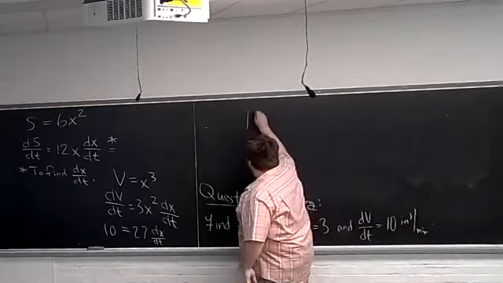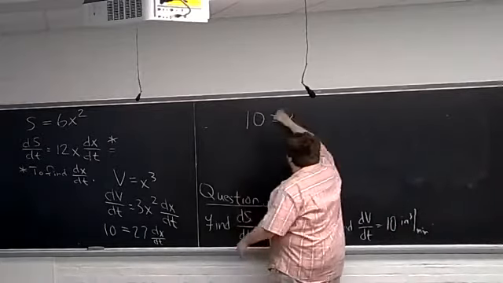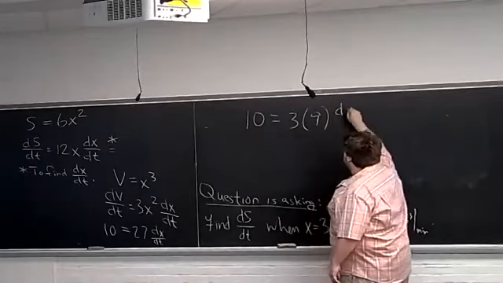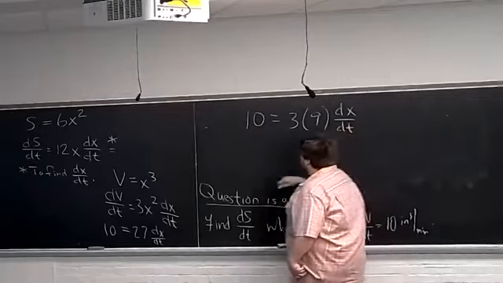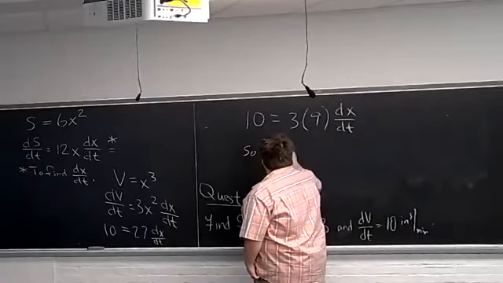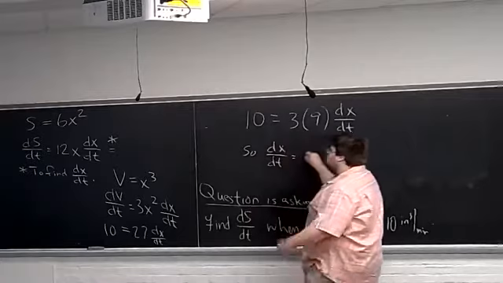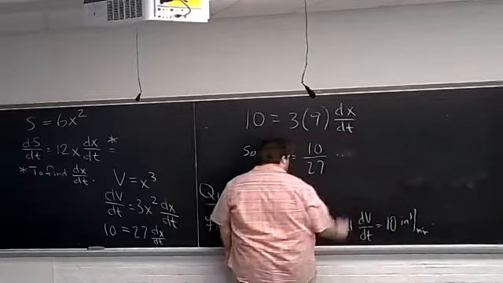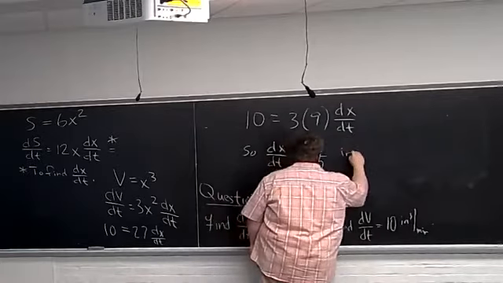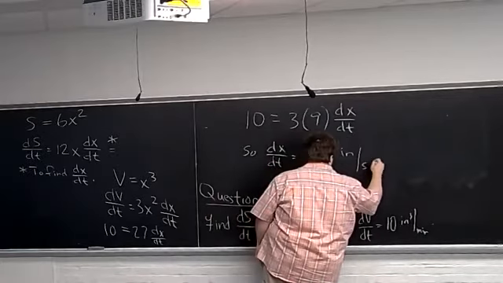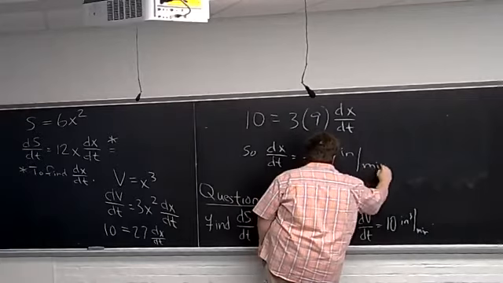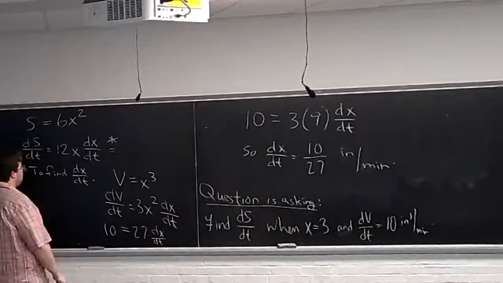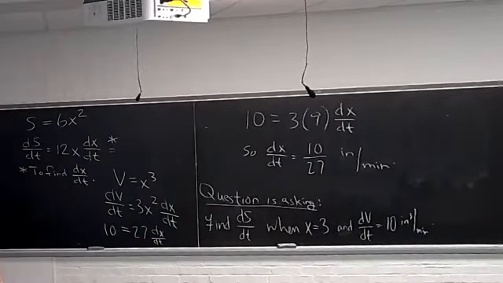That line down there says 10 equals 3 times 3 squared times dx/dt. So dx/dt, divide both sides by 27. So any questions about finding dx/dt?